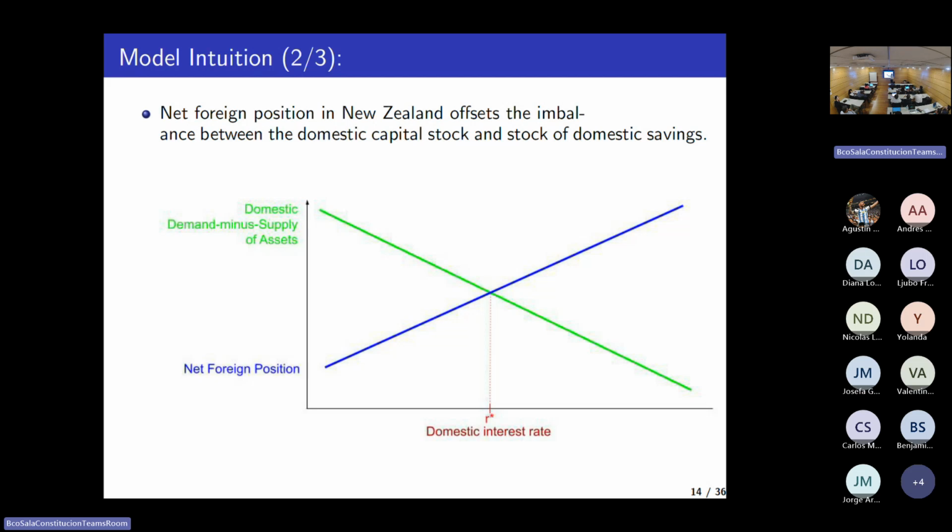We know the net foreign position is negative, so we add to household savings the amount of money that New Zealand borrows from the rest of the world, and we can use that for a combination of physical capital and government debt. Where those two balance is what determines our interest rate. The role of the international interest rate is that it changes the net foreign position, because it changes the differential to our own.